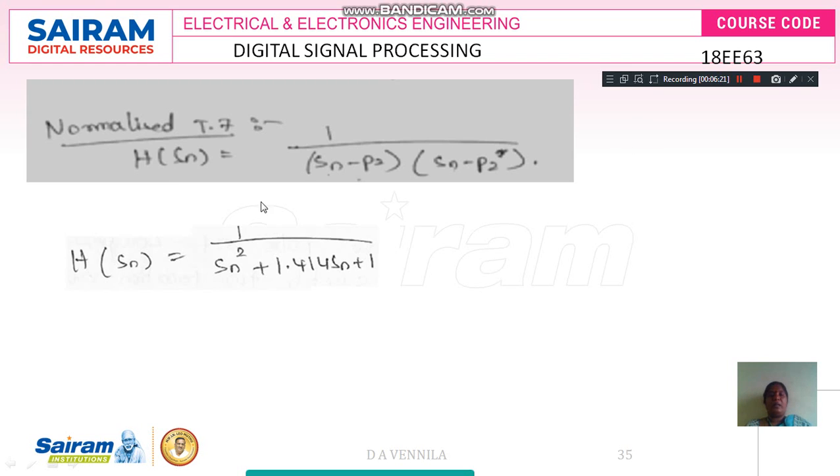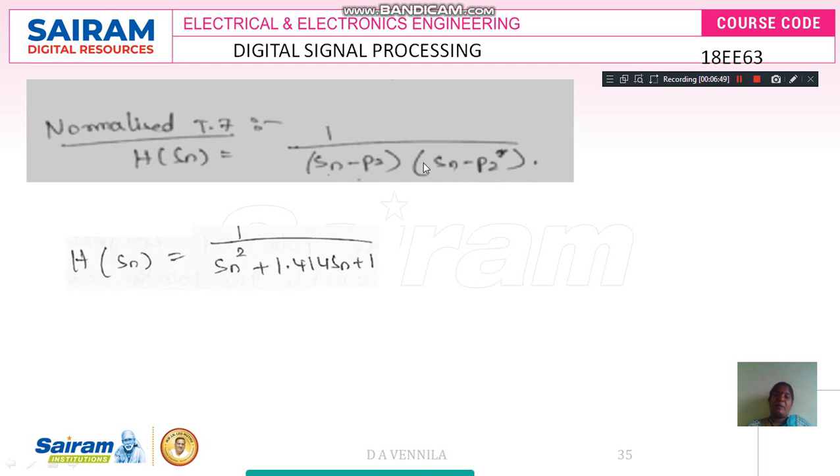Okay, so your normalized transfer function will be given by H of Sn equal to 1 divided by (Sn minus P2) into (Sn minus P2 star). After simplifying, P2 will be minus 0.707 plus j 0.707, and P2 star will be minus 0.707 minus j 0.707.